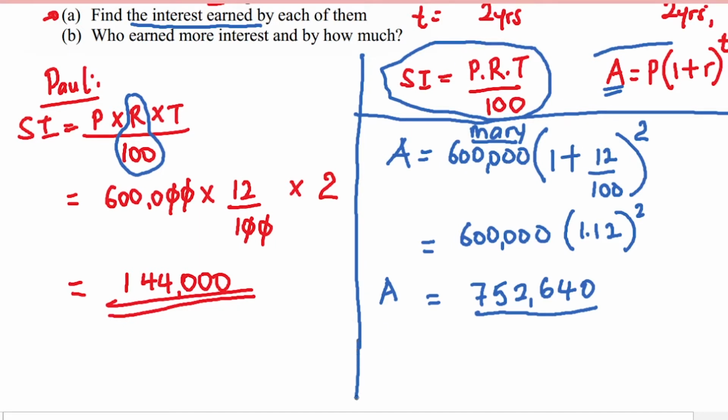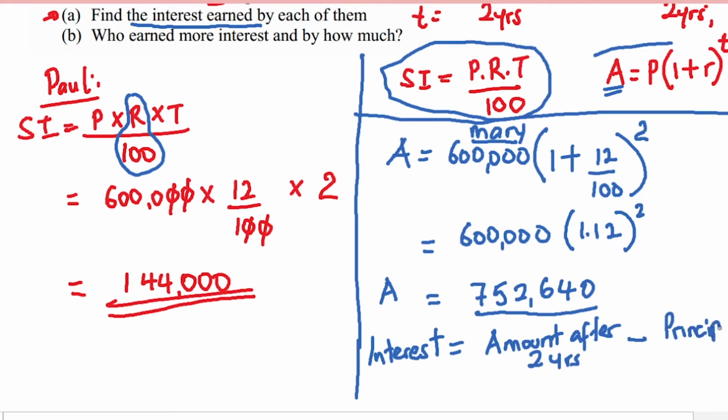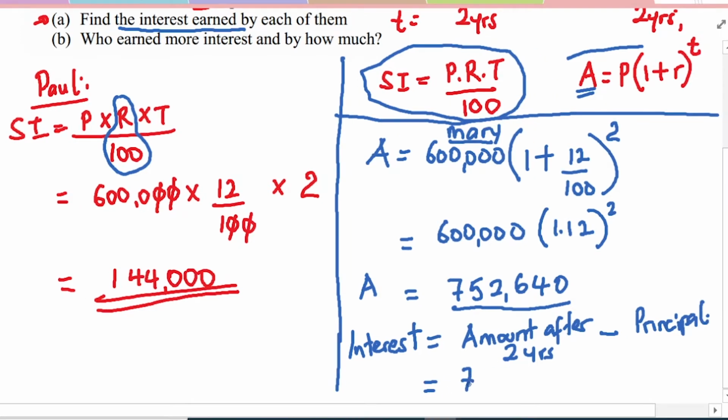To get the interest after 2 years, it's going to be equal to the amount after 2 years minus the principal, or minus the money she began with. So at the end of 2 years, the money was 752,640.